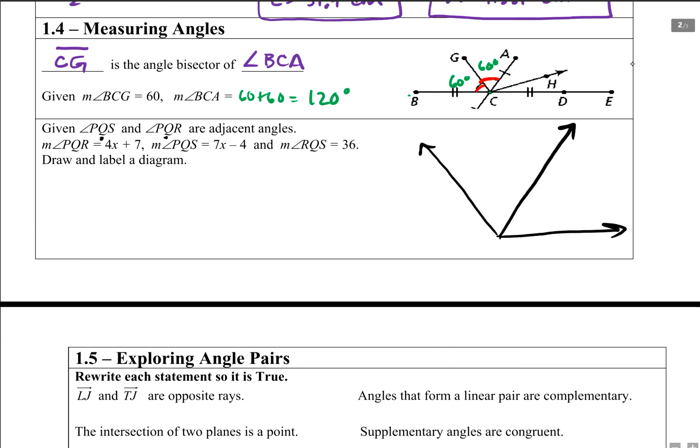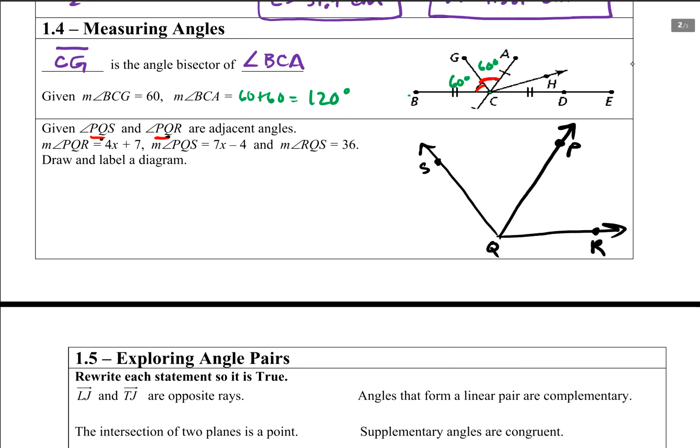I know Q is the vertex of both of them. And what else is common? I see PQ in both of these. So I know this has to be P. So I have PQS and PQR. Learn to read the names, and it will tell you a whole bunch of information about what's going on.